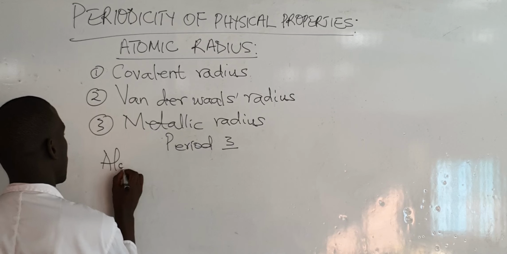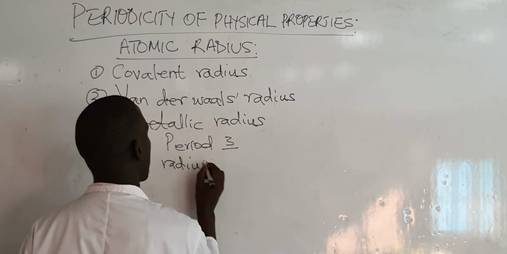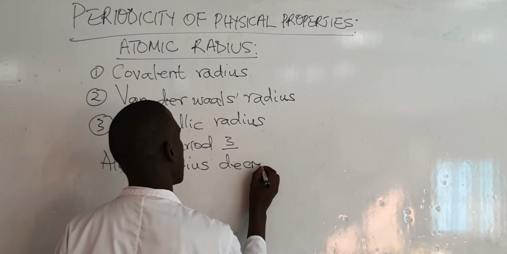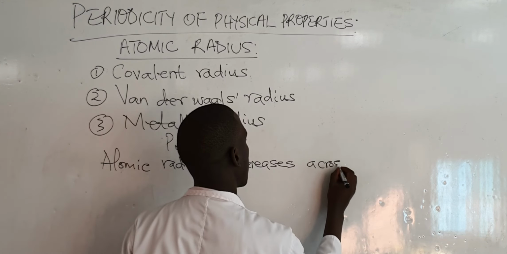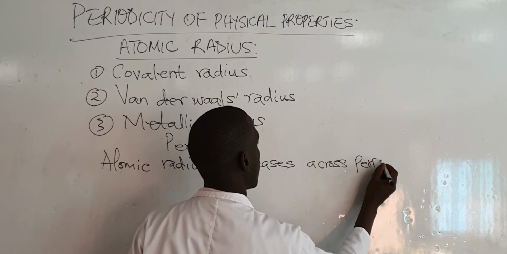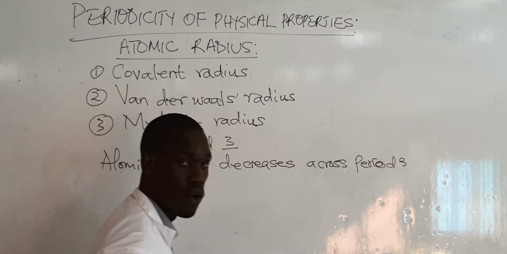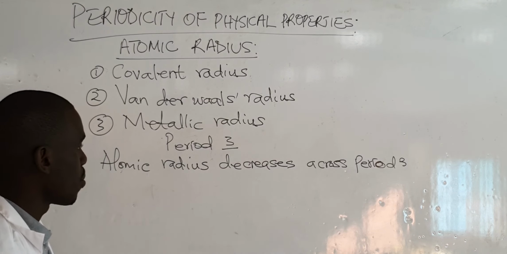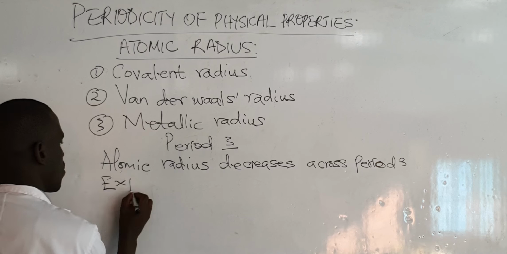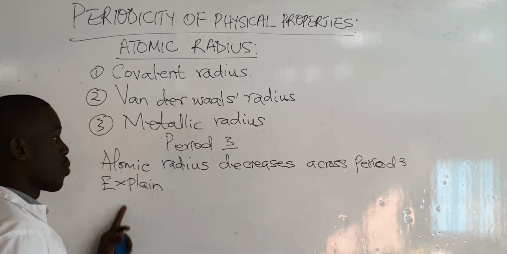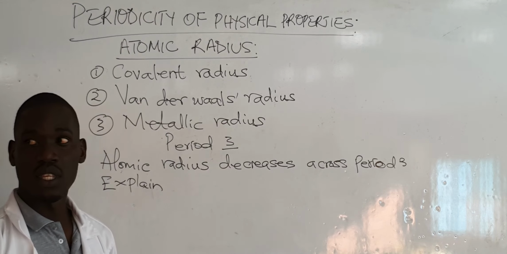Atomic radius decreases across period 3 of the periodic table. Why? What is your reason there? So you explain why atomic radius decreases across period 3.